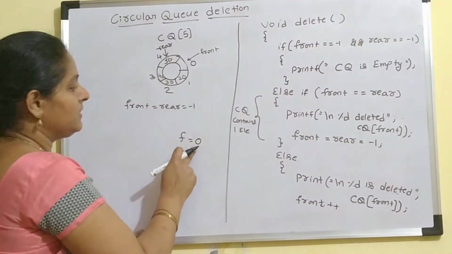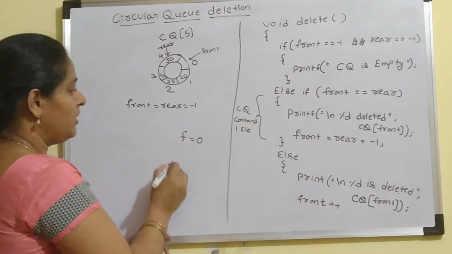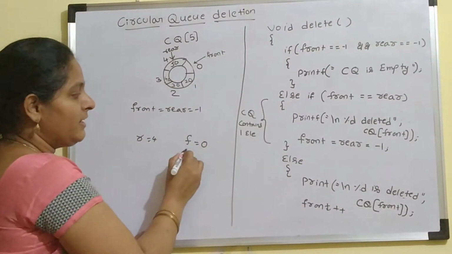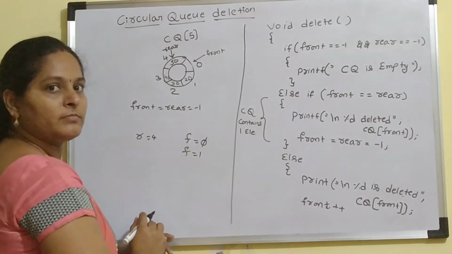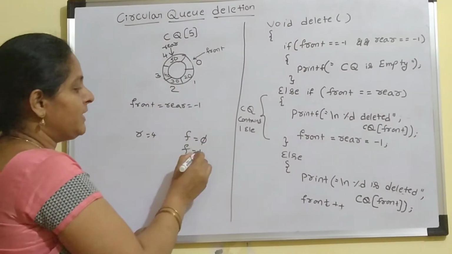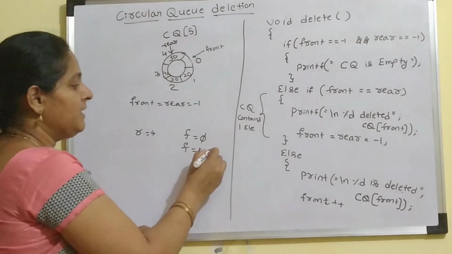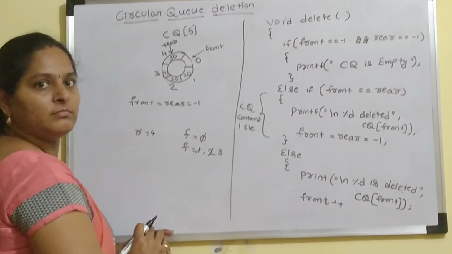Before deletion of 10, the front is 0 and rear is at the 4th index. After deletion of 10, front becomes 1. After deletion of 20, front becomes 2. After deletion of 30, front becomes 3, because of front++.